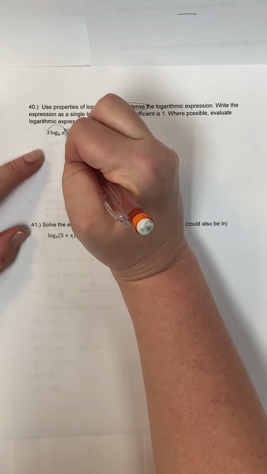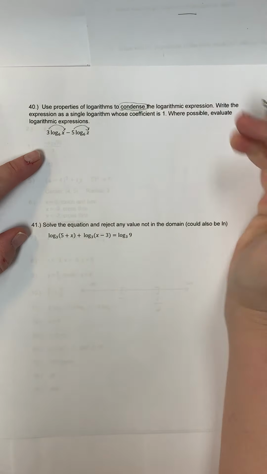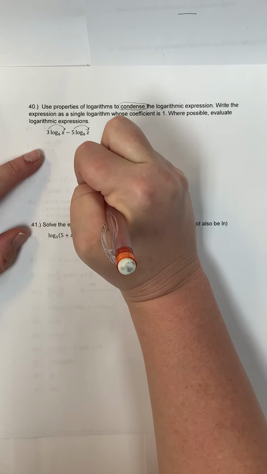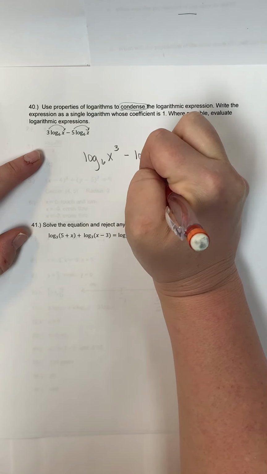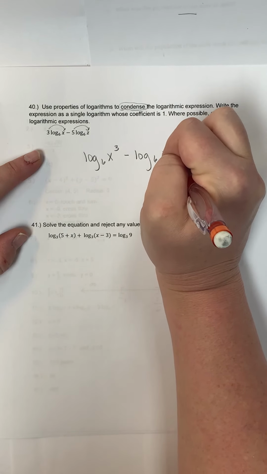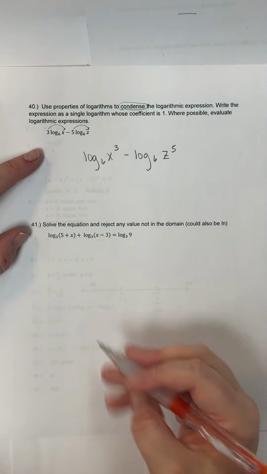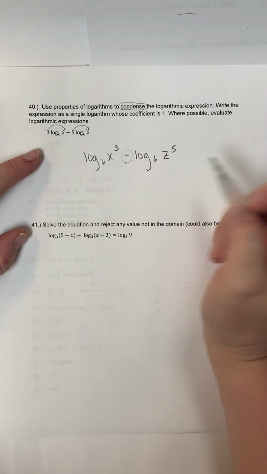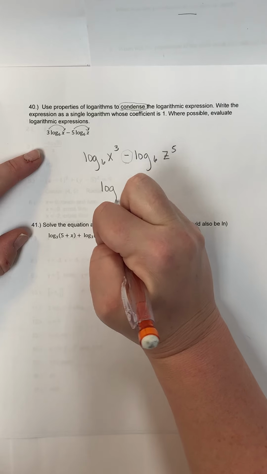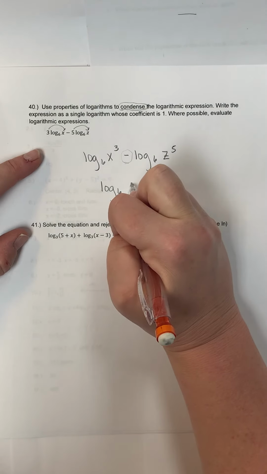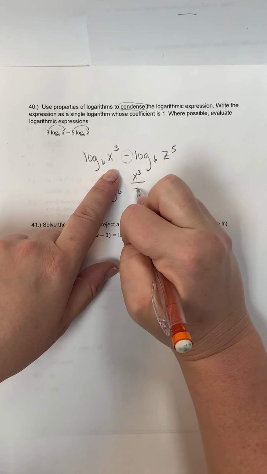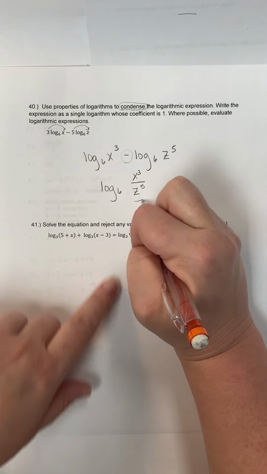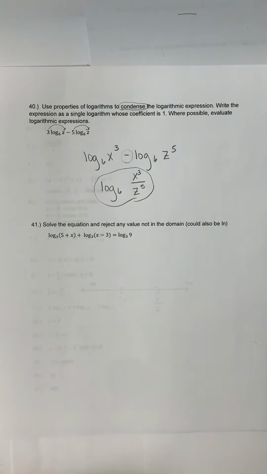First thing I'm going to do, make my coefficients into exponents. There we go. Next thing I'm going to do, I see I have a minus, which means I can make it one log and a division. Here's my numerator. Here's my denominator. And there's my answer.